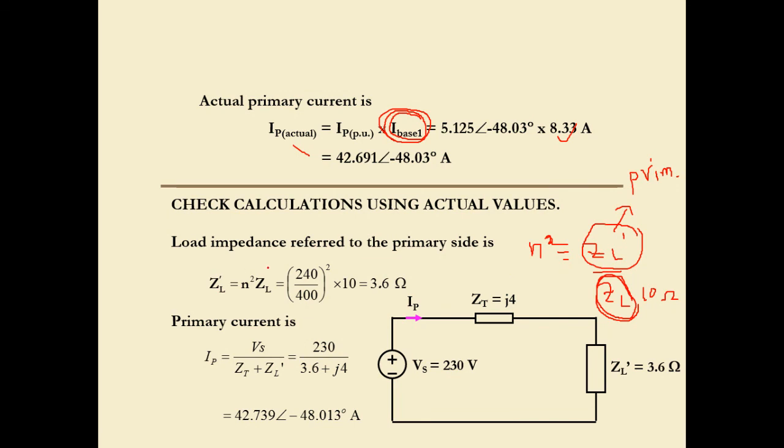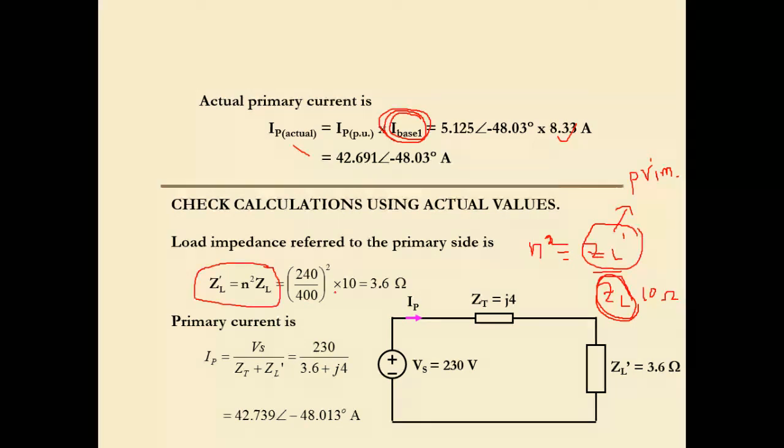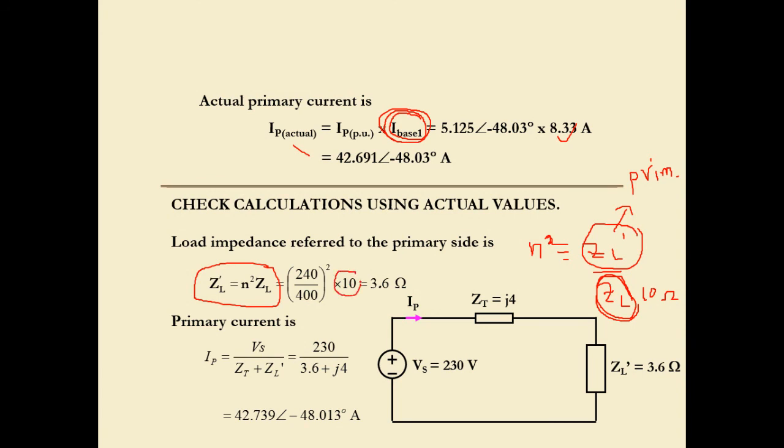Then we rearrange. In terms of Z prime L, the new ZL, we have n squared, where n is 240 over 400, the voltage ratio of the transformer, multiplied by ZL, the load impedance, 10 ohms, and finally we get 3.6 ohm for the new ZL. Here is the existing ZT, j4, at the primary, and this is the newly arrived ZL from the secondary. Everything has been shifted, especially ZL, to the primary part of the transformer.